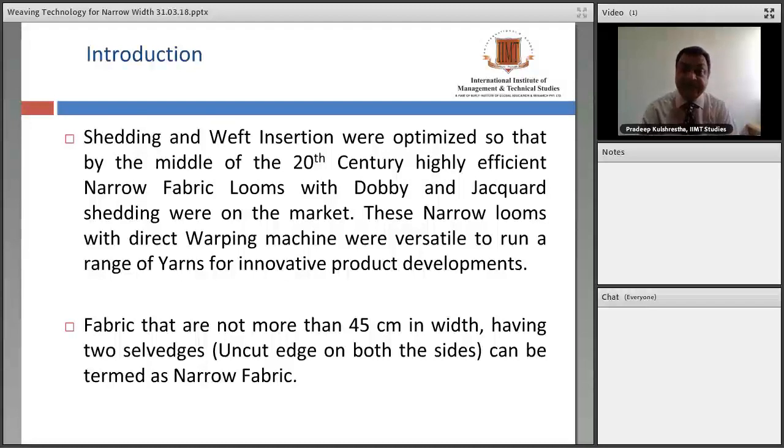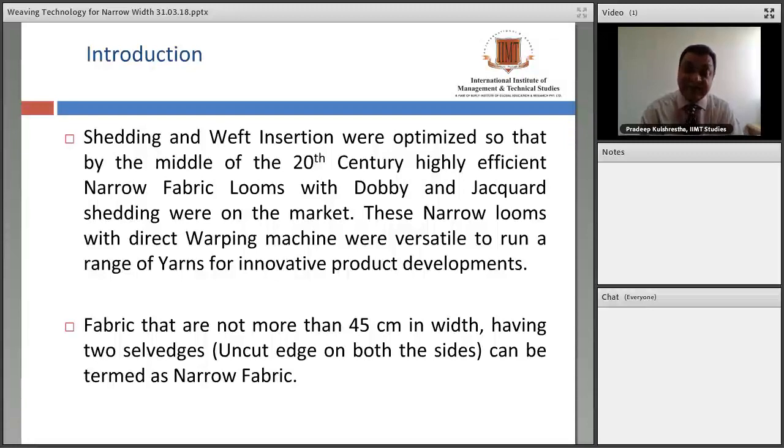Shedding and weft insertion was optimized in 20th century and this technology became very much need of the mankind, as well as a lot of auxiliary devices like Dobby and Jacquard designs have come to put on the loom, and after this application we can make the weaves, even designs on the narrow fabrics for product development.